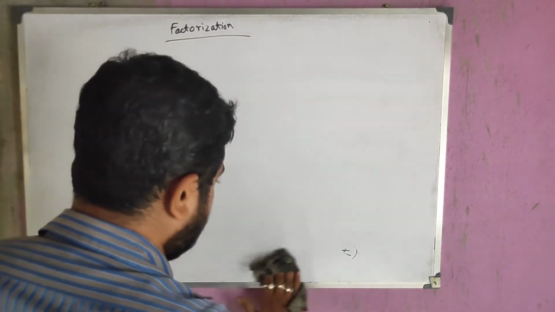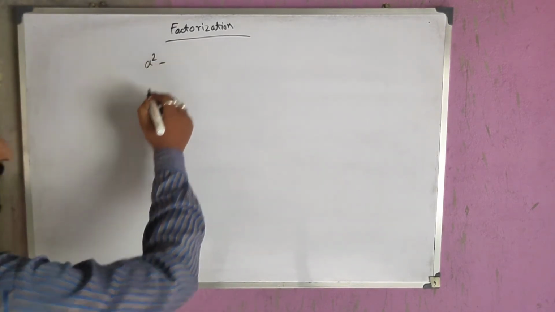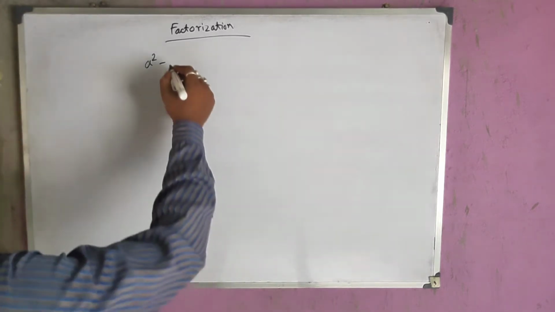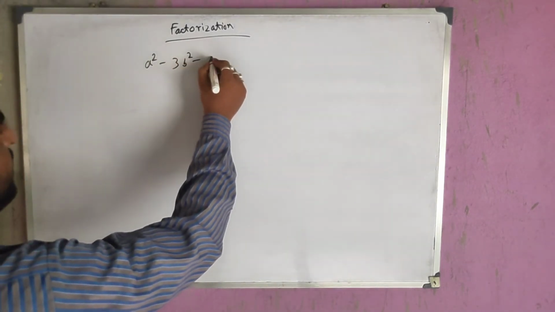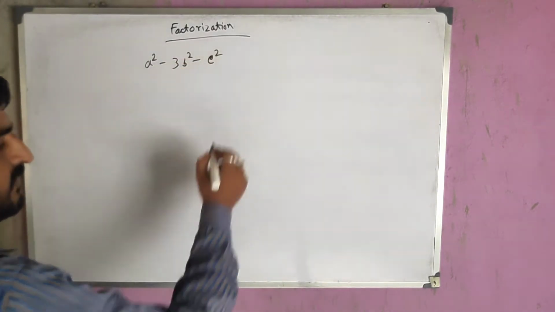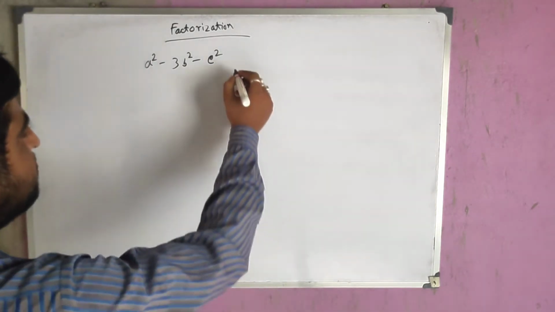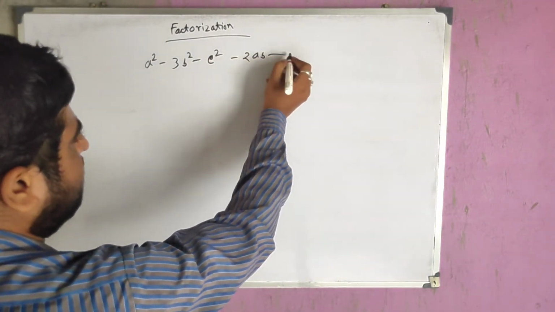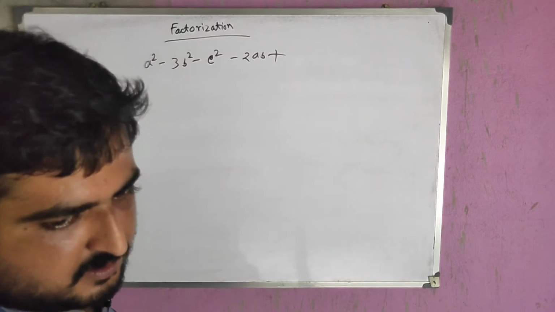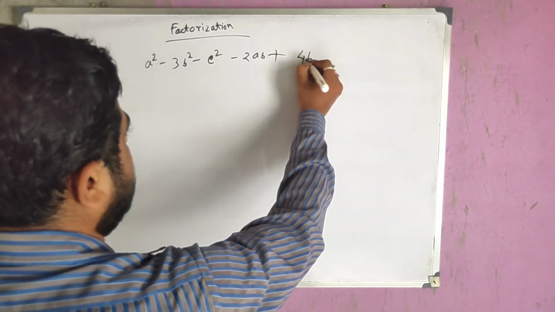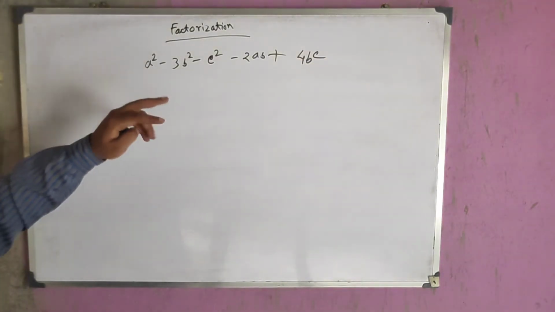Next, a square minus 3b square minus c square minus 2ab plus 4bc. So again you see the square terms.